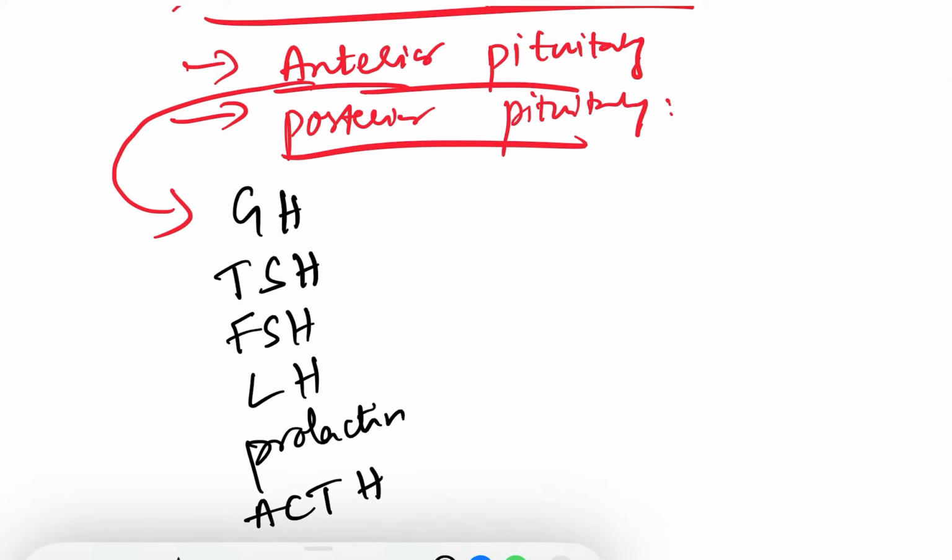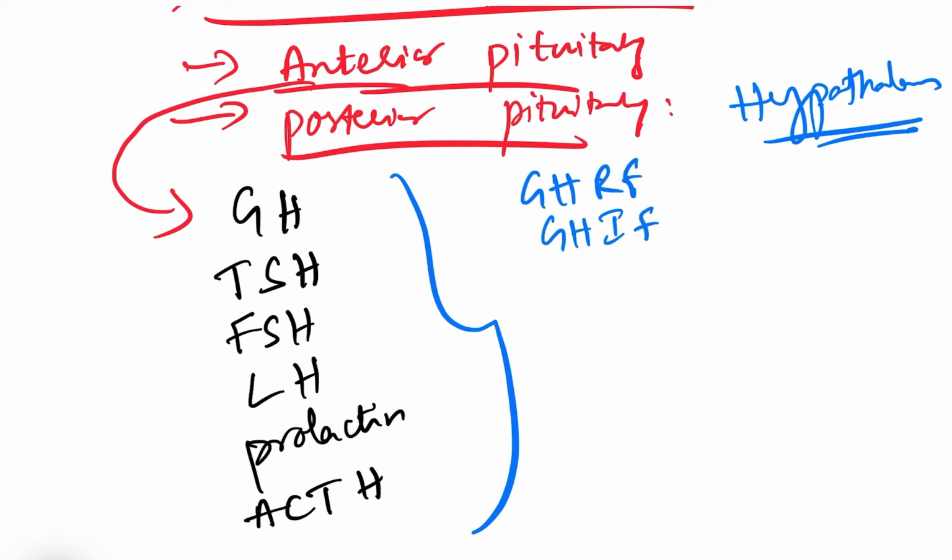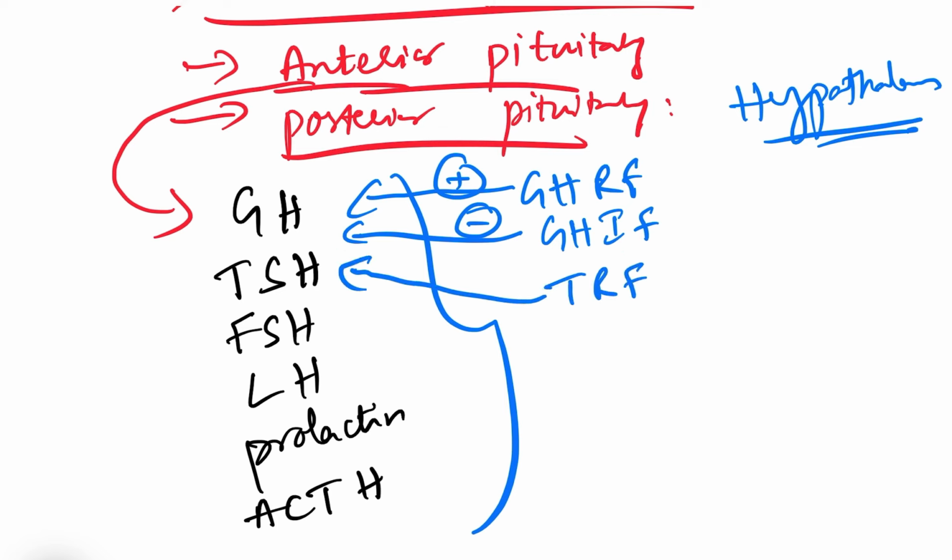These hormones are under the control of a few releasing and inhibiting factors which are released from the hypothalamus. For example, growth hormone releasing factor or growth hormone inhibiting factor will either stimulate or inhibit the growth hormone release. Similarly, thyrotrophin releasing hormone will stimulate the thyroid stimulating hormone.